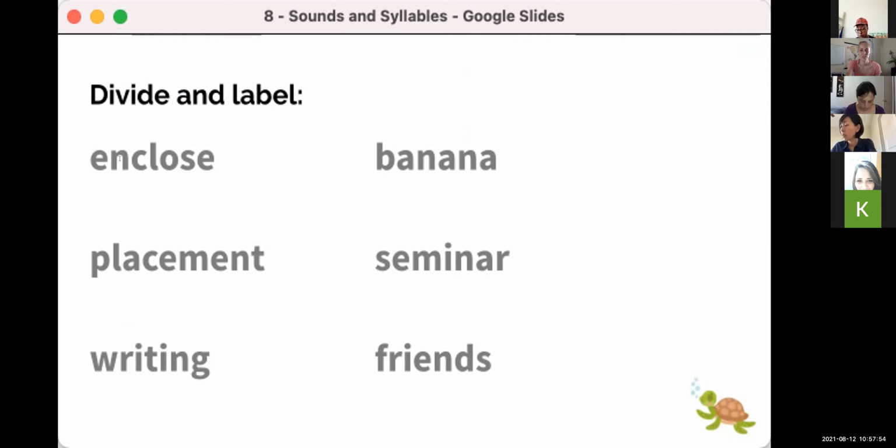All right, so for these words here, let's go ahead and practice dividing and labeling the syllables.